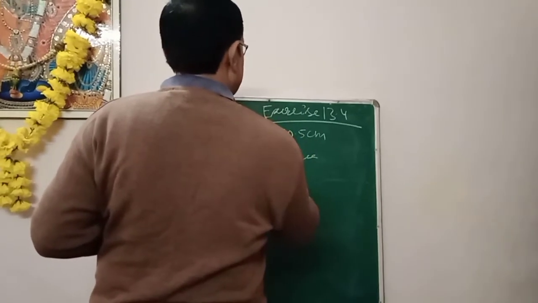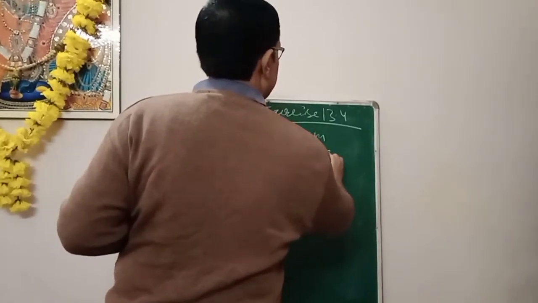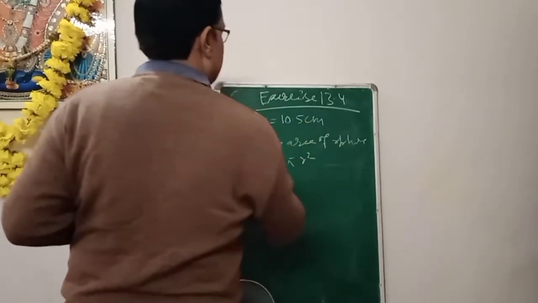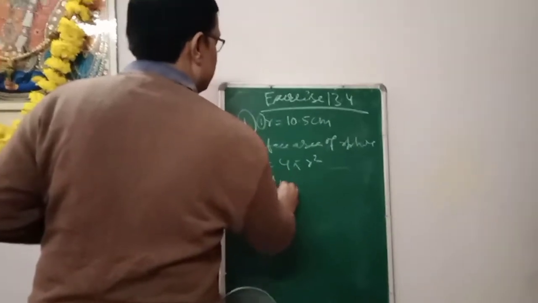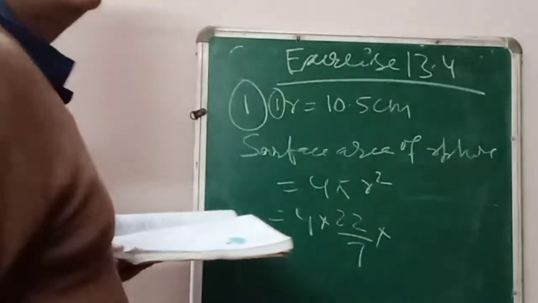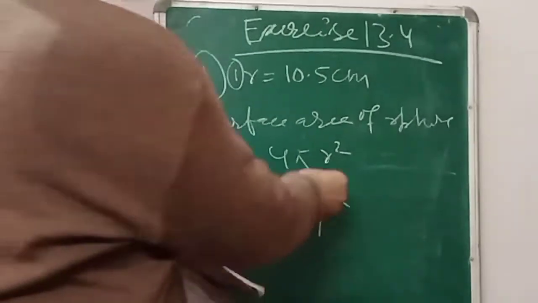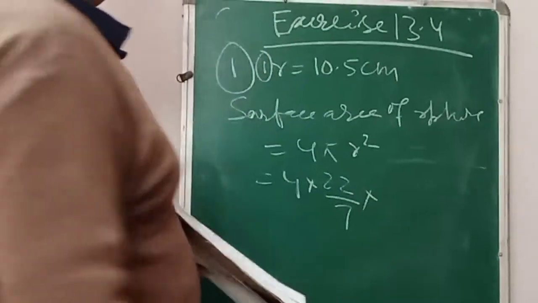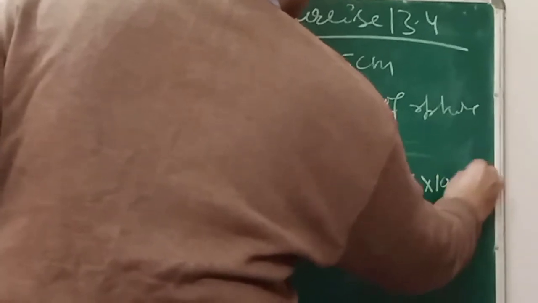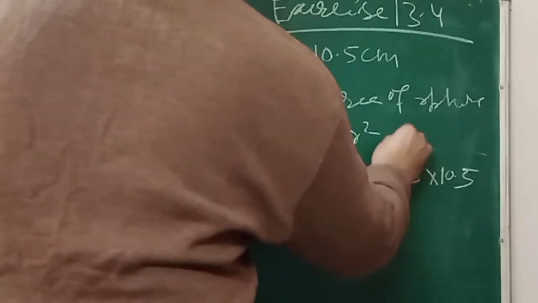So we know the formula, surface area of a sphere is 4 pi r square. So putting the value, 4 into 22 upon 7, it is written that we have to use pi as 22 by 7, and r is given as 10.5. So this is 10.5 into 10.5. So 7 ones are 7, 7 fives are 35.